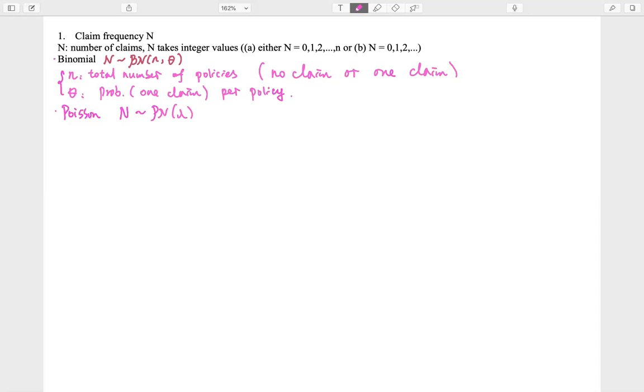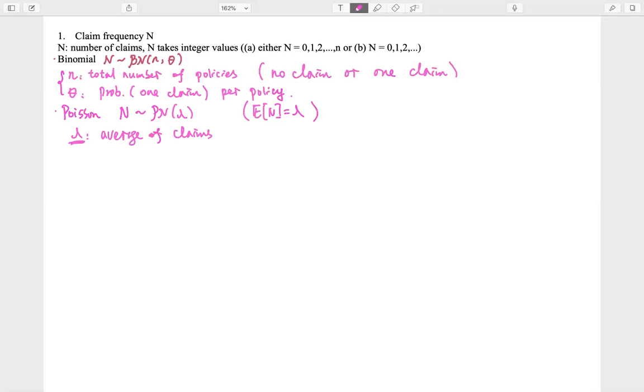And according to my past experience, my lambda is the average number of claims from the previous history. And then I can set up a Poisson distribution to model the claim numbers for the next period. So I use historical information to give me an estimate for this intensity. Intensity, we know this is the mean.